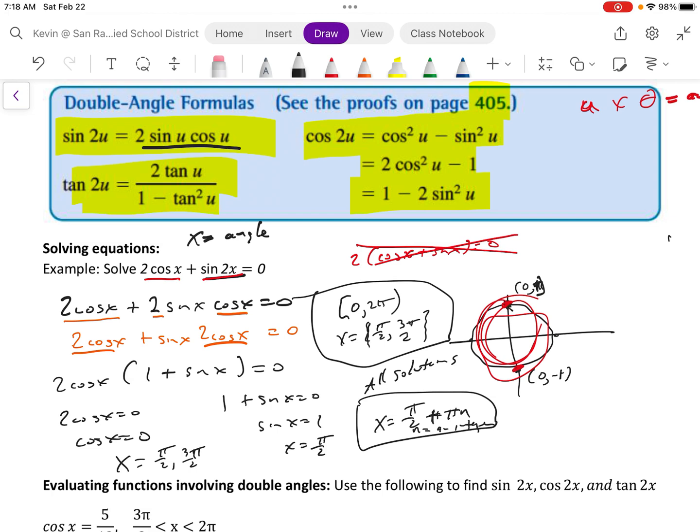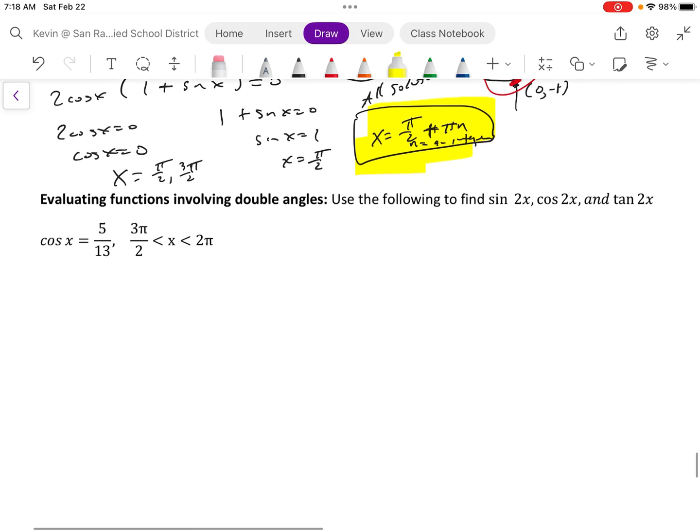Because if n is 0, we have pi over 2. If n is 1, we have 3 pi over 2. If n is 2, back up here, et cetera. So this is our general solution. This is what we would want to see for that solution.